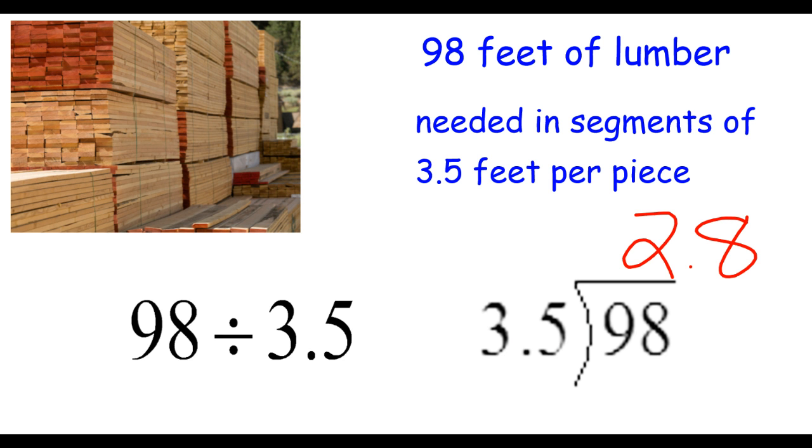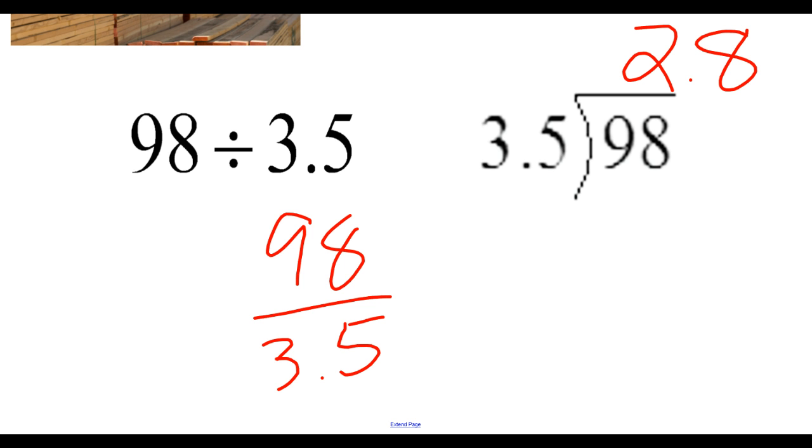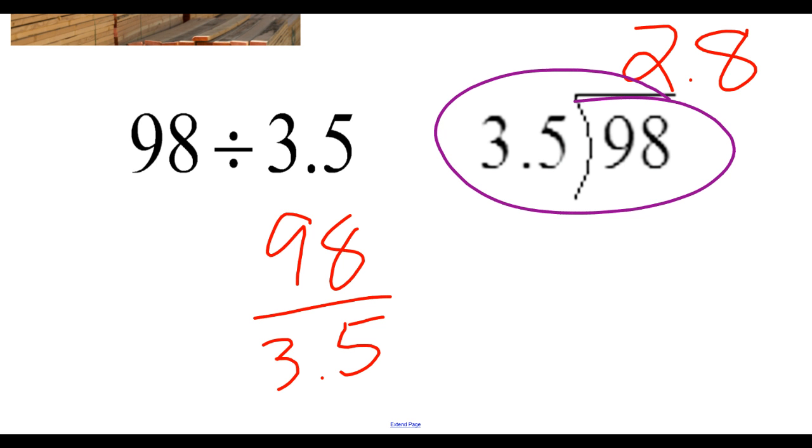So instead, we're going to look at 98 and 3.5 and say, okay, we want whole numbers. And if we write these things as a fraction, 98 over 3.5, then we can start to say, okay, well, 3.5, we can't leave it as a decimal because our division algorithm, which is what this is called, doesn't allow for decimals in it. So we need a way of getting rid of this decimal point.